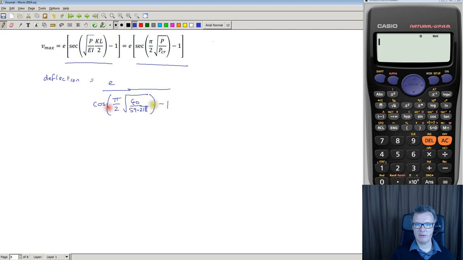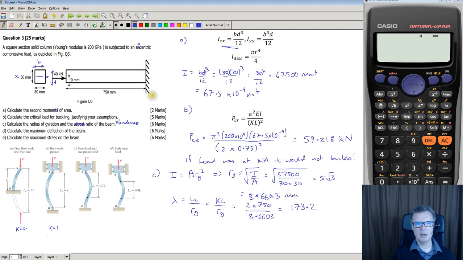What I do is I work out this thing here, step by step. What's e? Well, e is the distance from the neutral axis to where the applied load is. So the neutral axis is going to be 15 millimeters away from that edge there, and the applied load is 10 millimeters in.